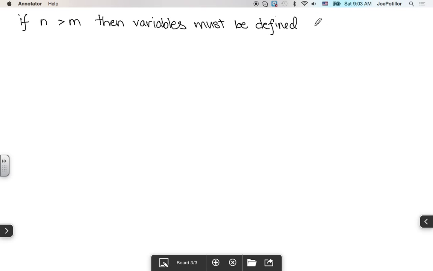We have another possible situation. If n, the number of variables, is greater than the number of equations you have, then your variables must be defined as parameters.